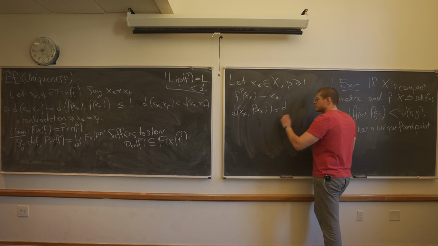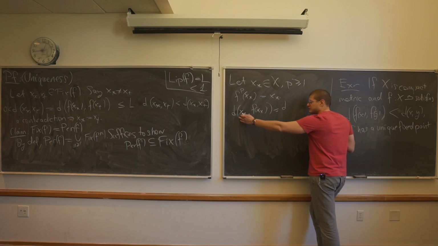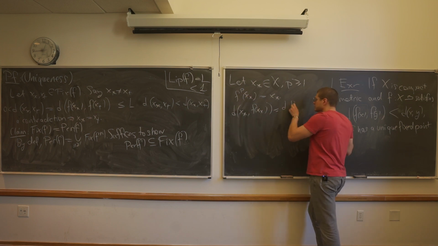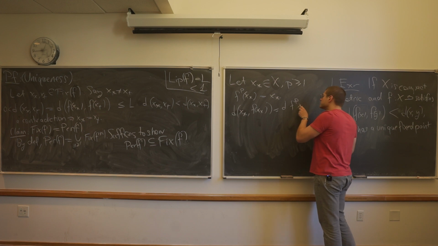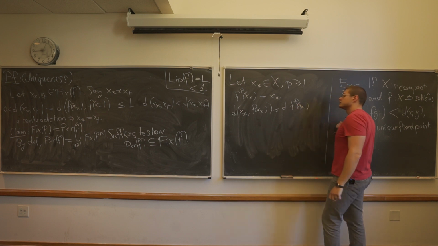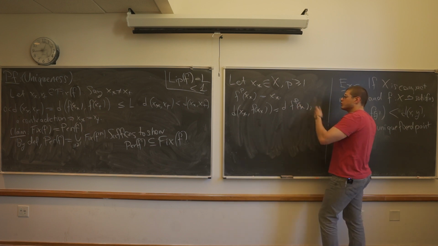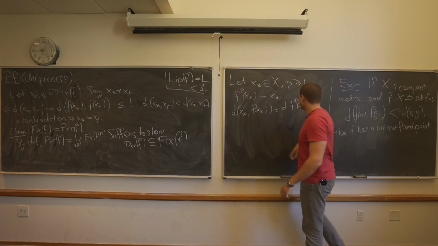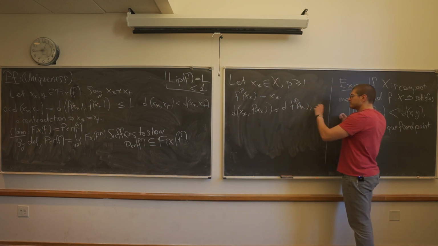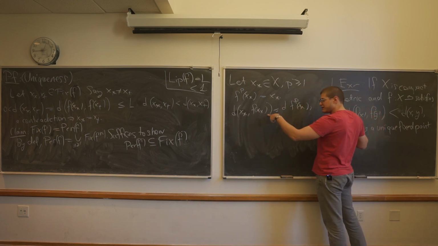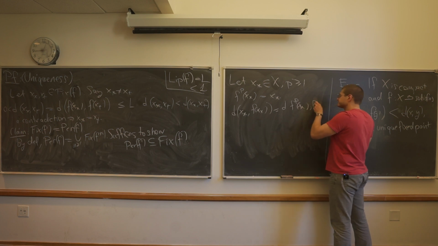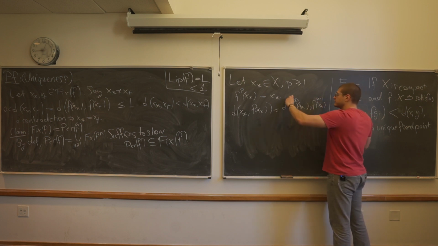Let's try this first. Let me replace x star by f to the p of x star. Let me replace this by f to the p of x star as well, so that I have, in the second entry, f to the p plus 1 of x star.